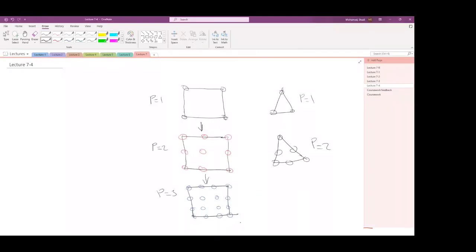There's a specific way to increase the order of these elements, and the specific way can be defined in, I don't know if you have seen, the Pascal triangle. The Pascal triangle will define the way you can increase the order of these elements.